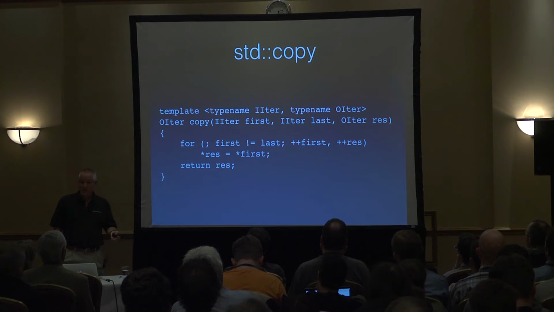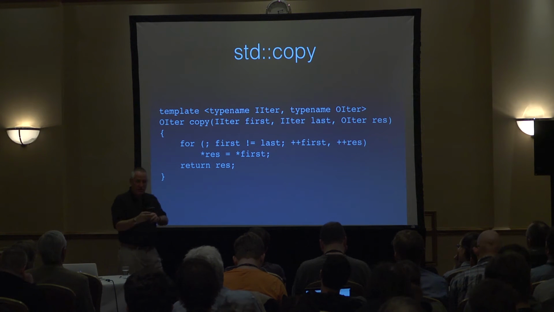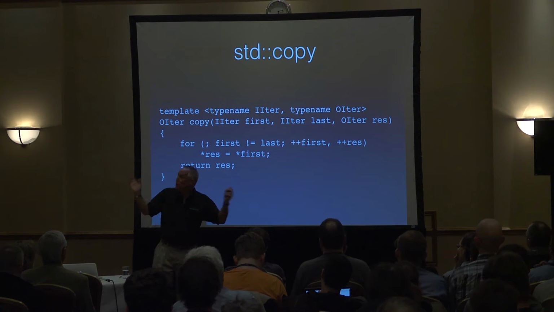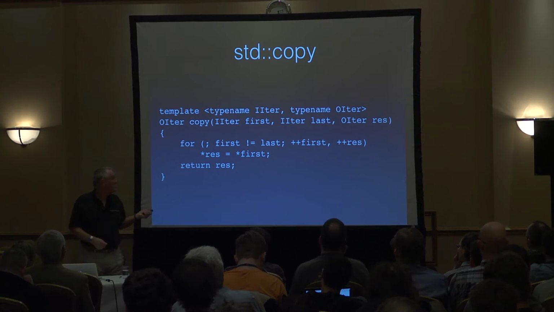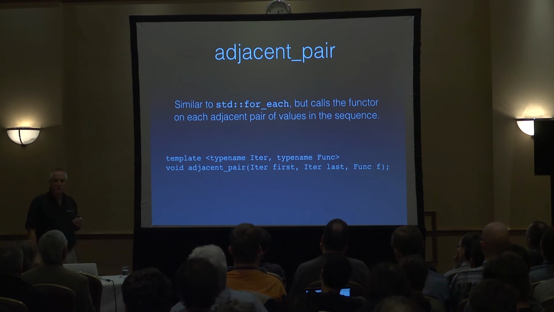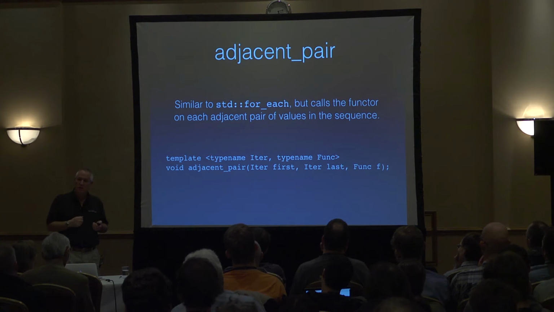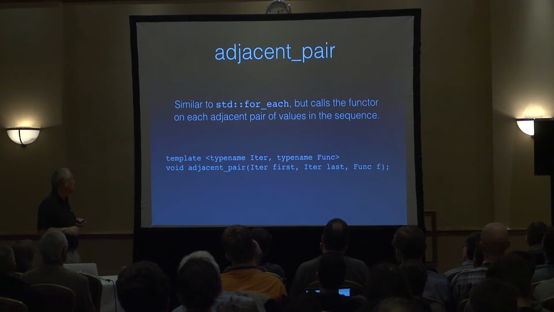It copies nothing, which is exactly what you want. So for adjacent pair, if you give it an empty sequence, it should call the functor no times and return. And we're done.